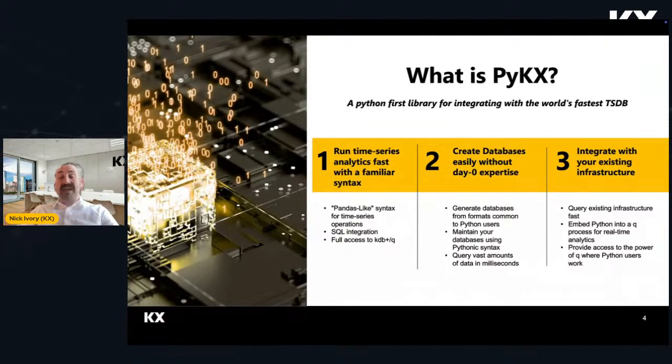So we actually have an API that's built into the language that allows you to create Q data frames using a pandas-like syntax. It's a would-be pandas API, which allows you to run your workloads with 0 refactoring of your code. And so what you're really gaining is you're capturing the performance improvements of KDB in a Python-first environment. So that's the first bullet point.